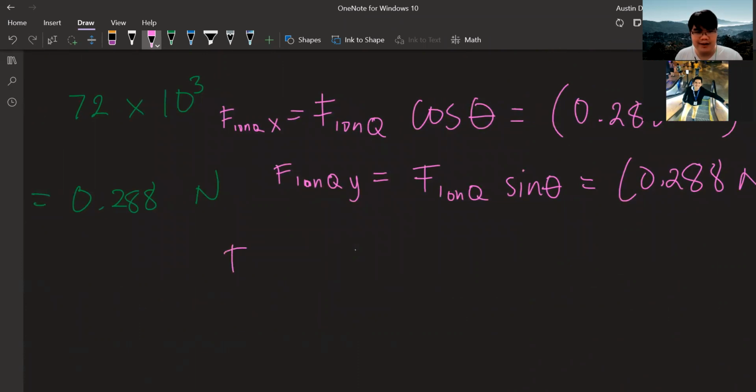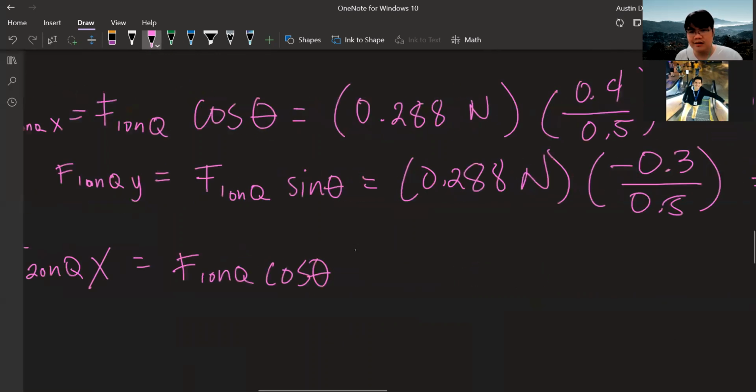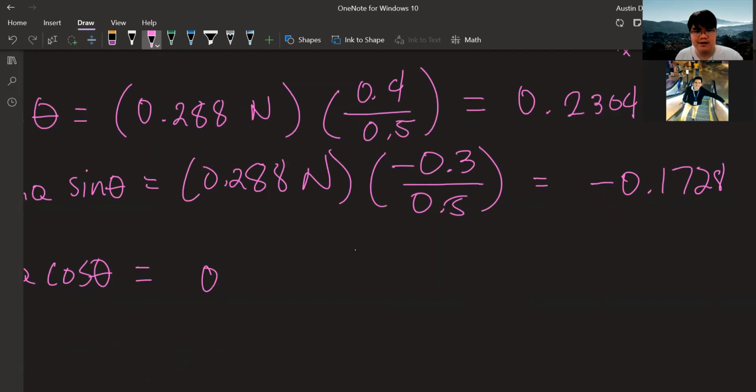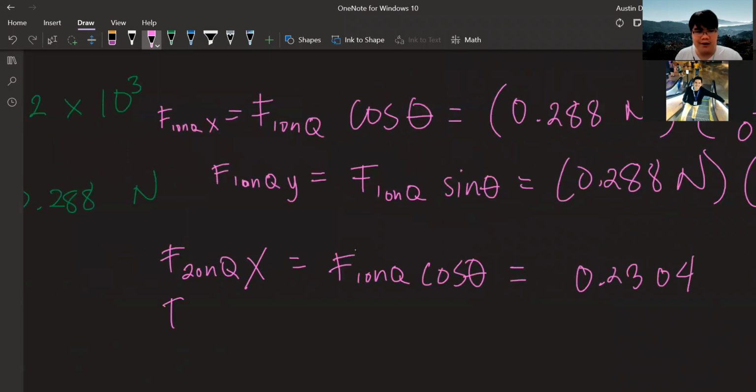In a similar way, alam mo na same lang yung values na i-calculate mo. Makuha mo na. This is just 0.2304. Tapos, ang magbabago is yung y part ng F2 on Q. So, this is F2 on Q. Dapat 2 ito. Muscle memory. I'm sorry. Sine theta.